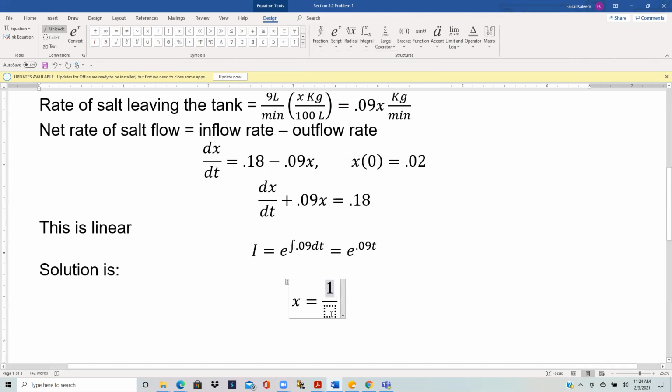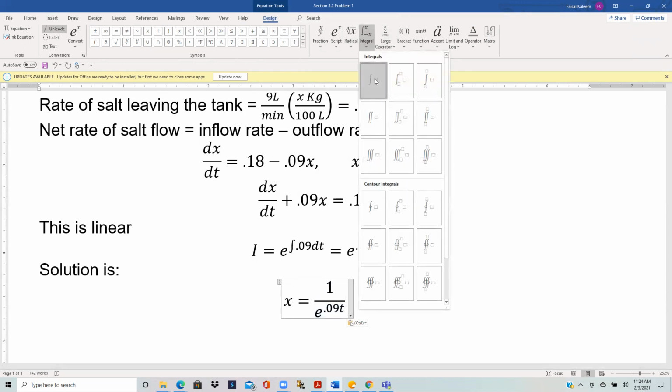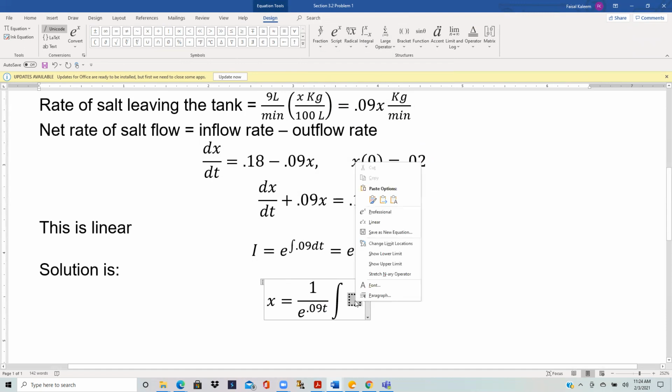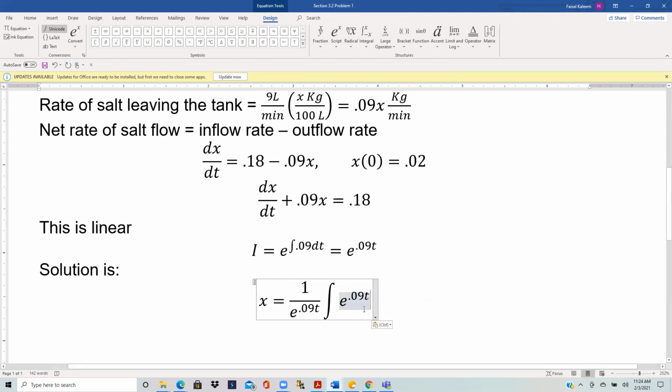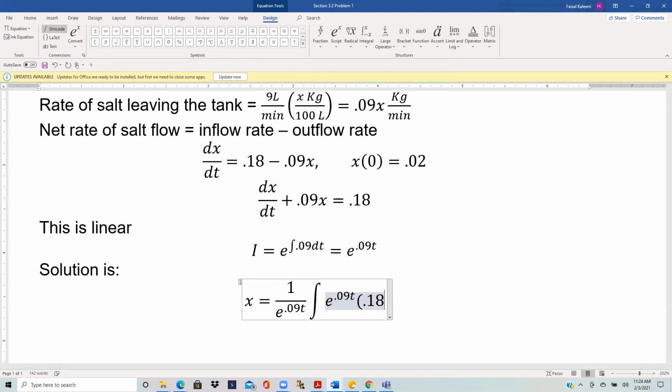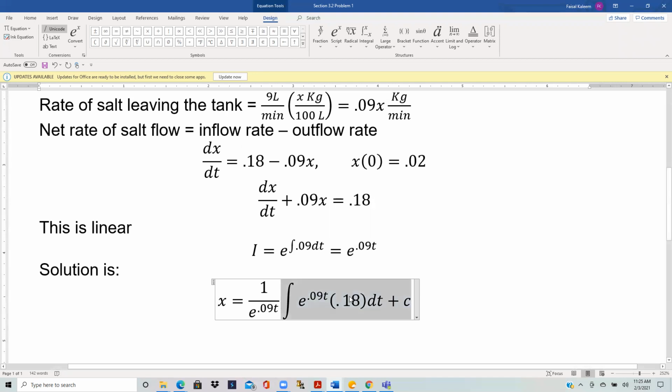You can go back and review the linear equations if you need to. So 1 over the integrating factor, and then times the integral of, we repeat the integrating factor, times the right hand side. So the right hand side is 0.18 plus c. And so actually this 1 over I applies to all of this.